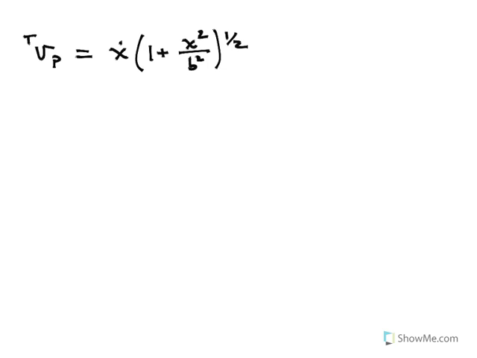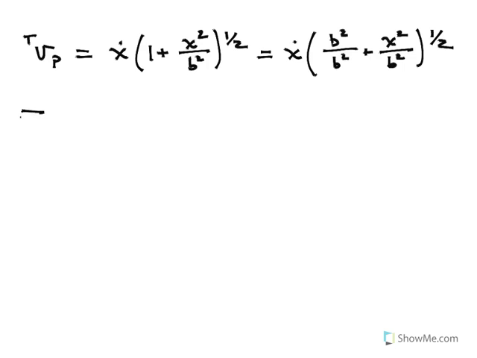And if we use that result, we can rewrite this as x dot times, if we put 1 as b squared over b squared, b squared over b squared plus x squared over b squared, to the 1/2, which results in x dot.